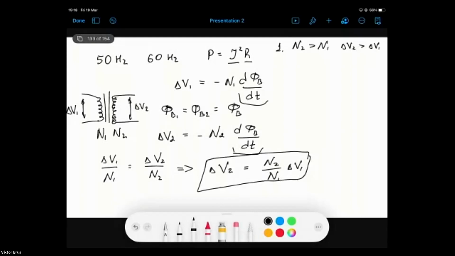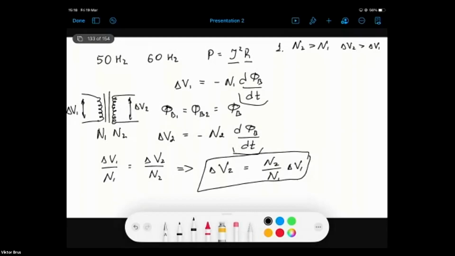So in order to increase voltage, for instance, when we go from the electrical generator towards this high voltage power grid designed for transmitting electric power along large distances, we want to increase voltage.